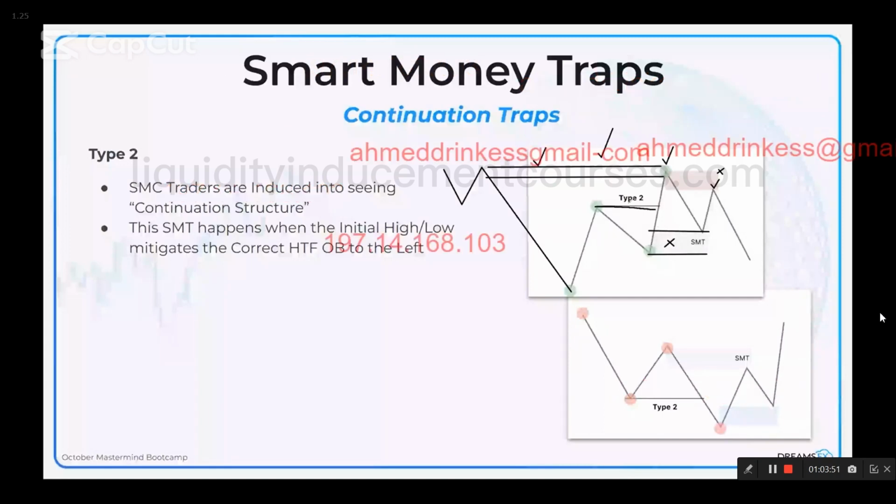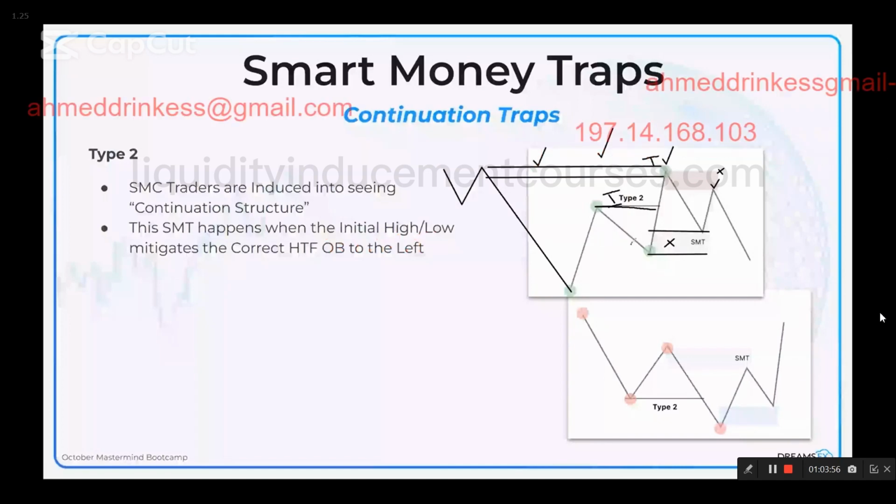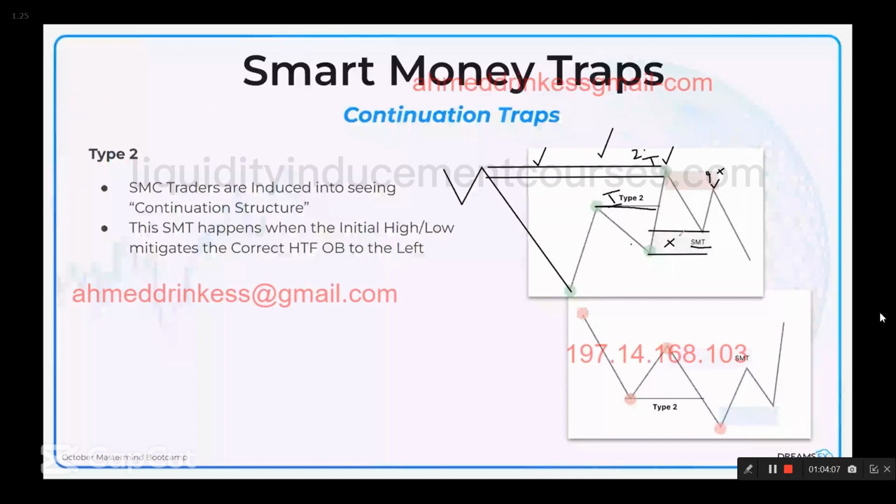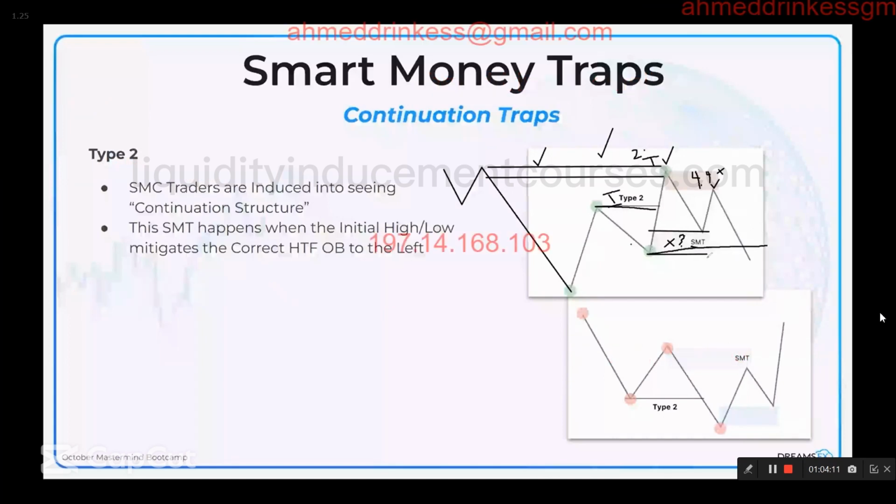We go for the inducement. If this is the inducement, this is the trap. After the trap, we then have the SMT. And then we have the order flow. So we have the 1, the 2, 3, 4, and then of course 5 is going to be anticipation of new.